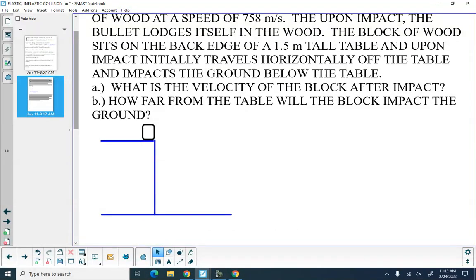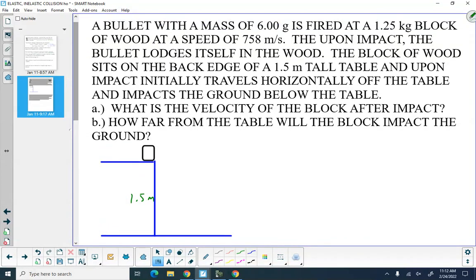Okay, this table is 1.5 meters above the ground. We have a bullet that is traveling at 758 meters per second.